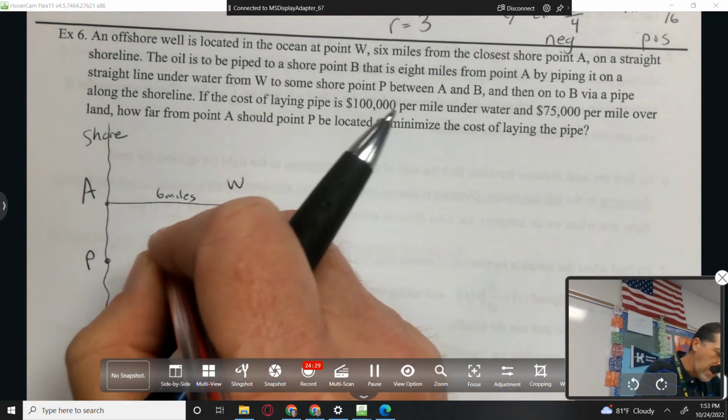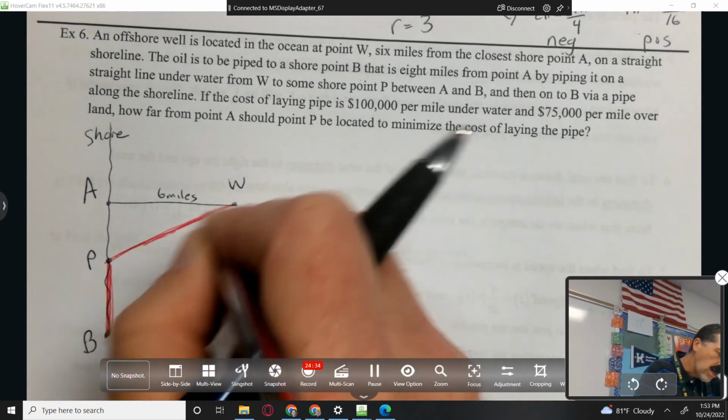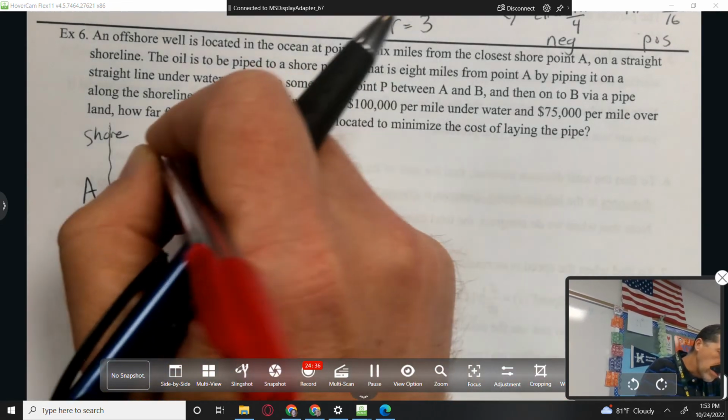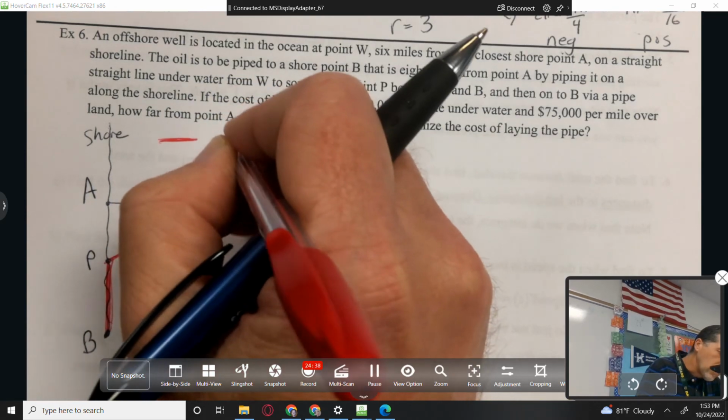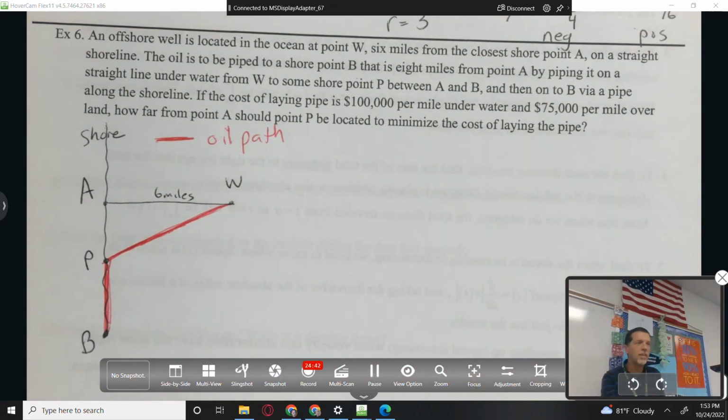Okay, so here's the path of the oil. Picture's so complicated it needs a key to go with it. There's my oil path.